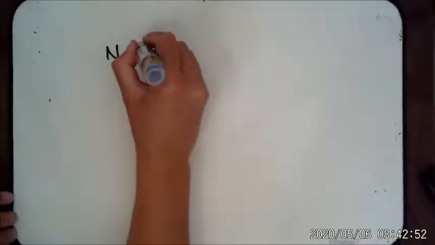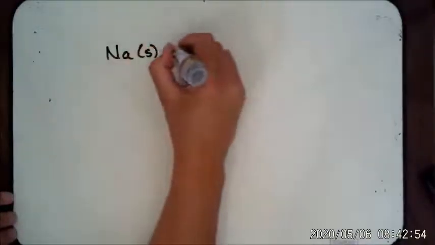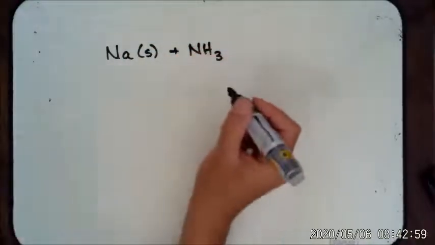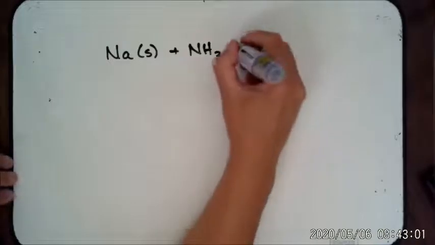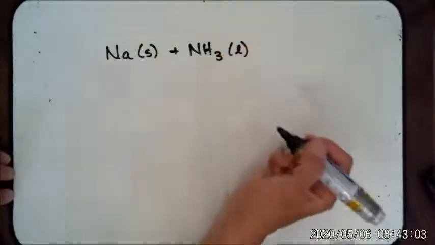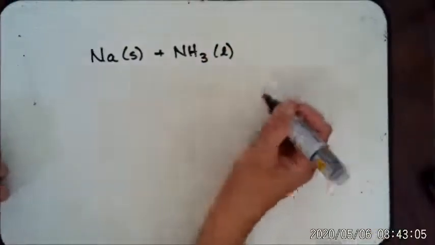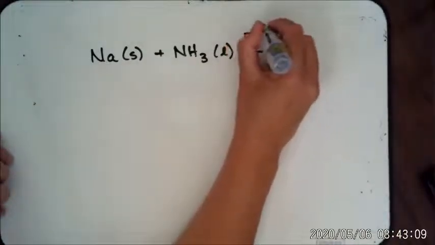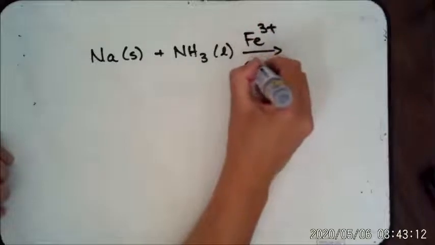So how do you make the sodium amide? What you do is you take sodium metal and ammonia. Okay, so this is liquid ammonia, around negative 33 degrees Celsius. And what we do add is an iron 3 catalyst.